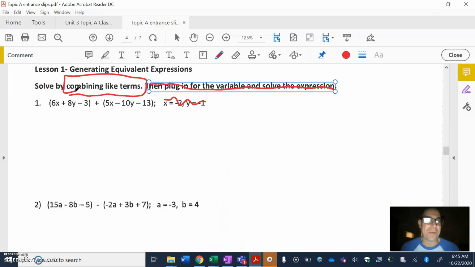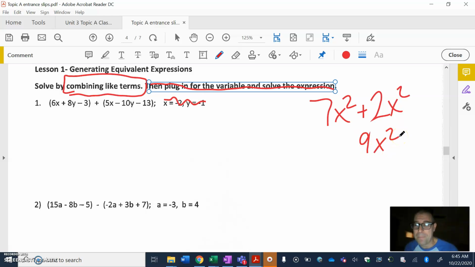But it is one of the things I wanted to bring up. So you're like, Mr. Shusevich, why didn't you tell me the full truth? Again, same variables, same powers. You'll eventually get to things like 7x squared plus 2x squared, and it's no big deal. It's just 9x squared. But for right now, you're going to see mostly just your letters.